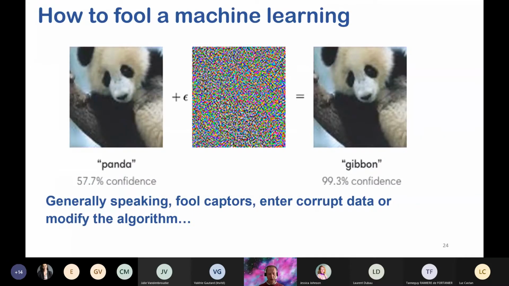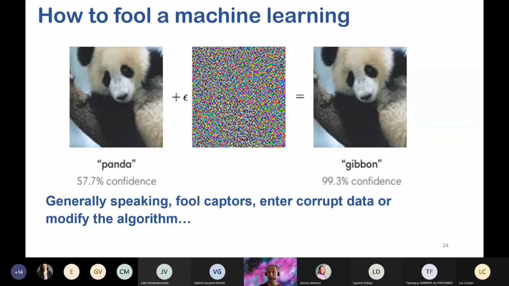Here's a picture to show how we can fool a machine. On the left photo, the photo was recognized as a panda with 57% confidence. We added some pixels to the picture. A person looking at the right picture cannot see the difference, but the machine is very accurate, and this time the machine will identify it as a gibbon monkey, 99% confidence.